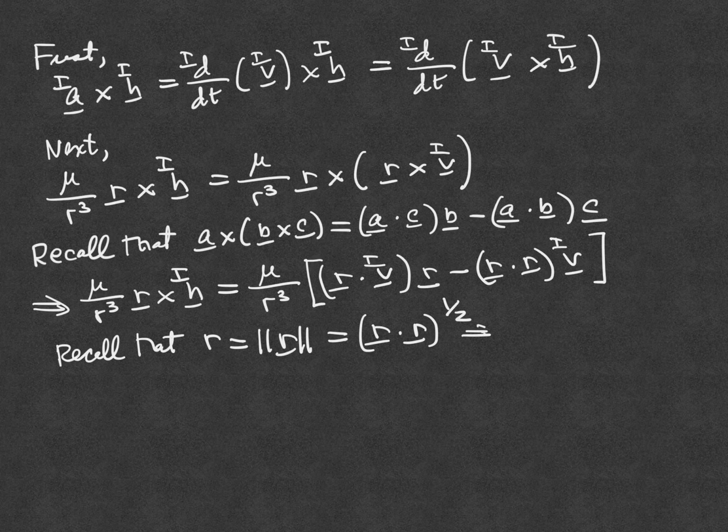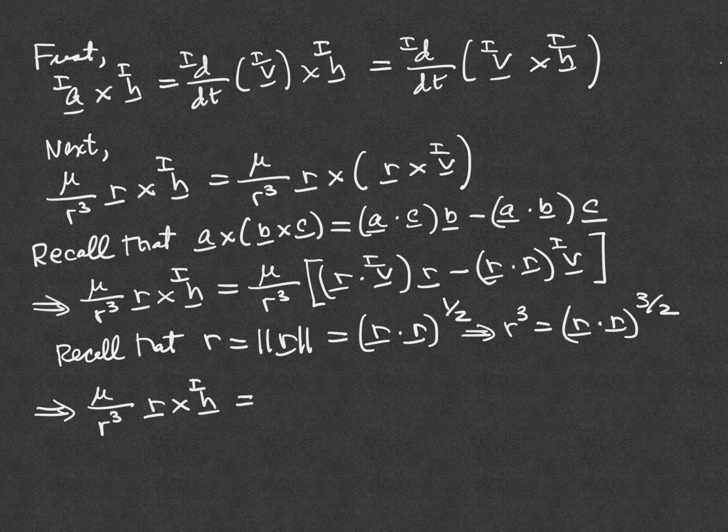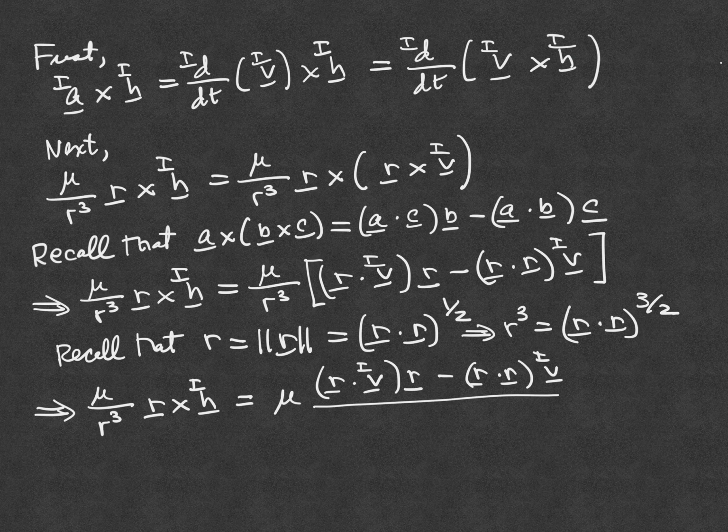So that implies that r cubed is equal to r dotted with r to the 3/2, from which we can write mu over r cubed times r crossed with hI is equal to, in a big fraction, r dotted with vI times r minus r dotted with r times vI, all divided by r dotted with r to the 3/2.